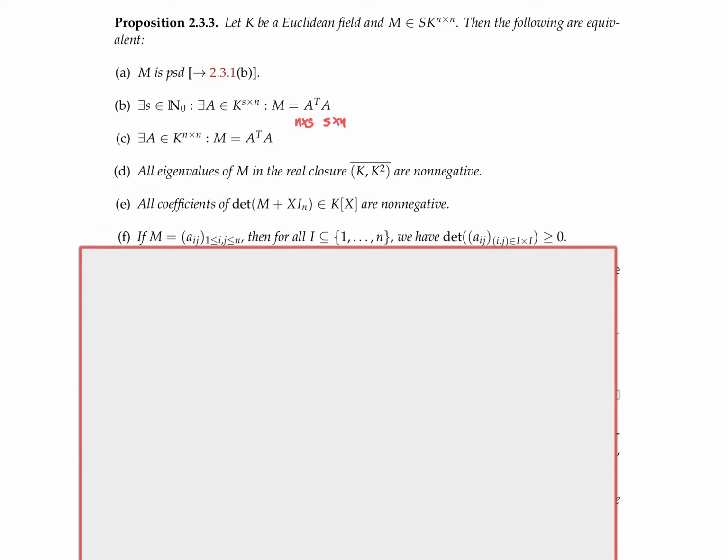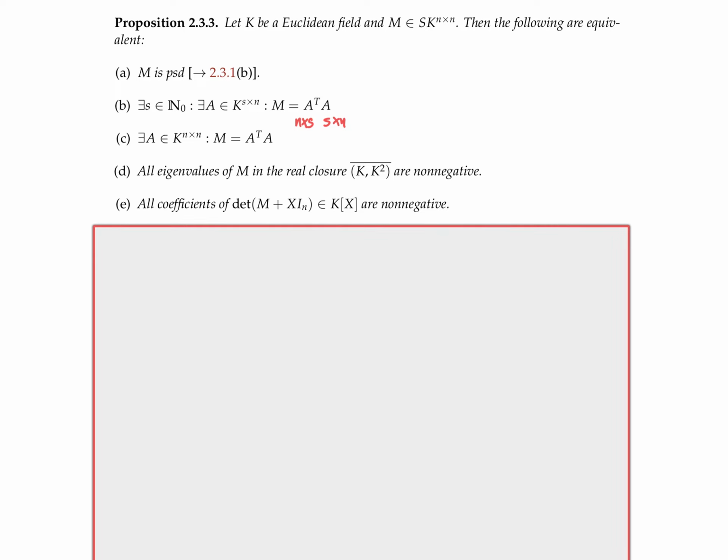And the next condition is that all coefficients of this, so that's kind of a characteristic polynomial, are non-negative. A characteristic polynomial of a matrix is usually defined like this.